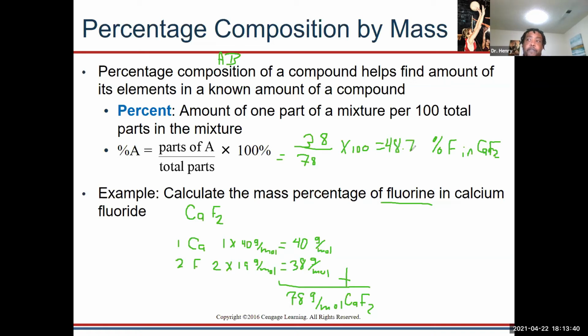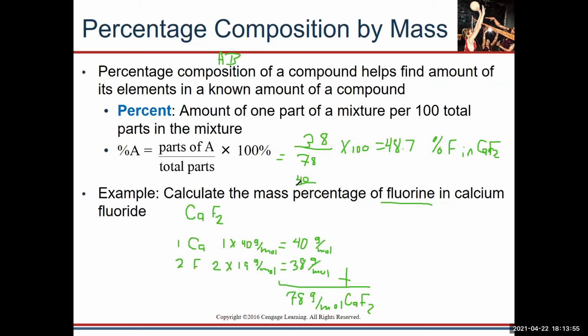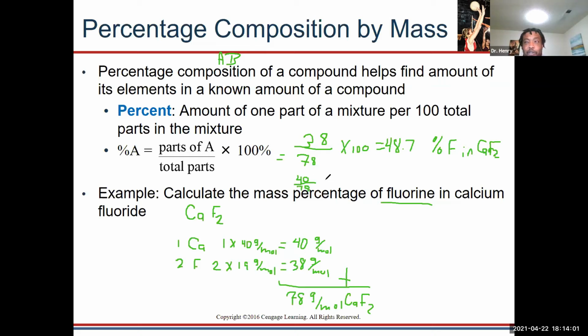If I wanted to figure out how much calcium we have in calcium fluoride, what could I do? You divide 40 by 78 and then multiply by 100. Or you can subtract 48.7 from 100. That is correct. I could do it this way and I should end up with the same number, which is 51.3.